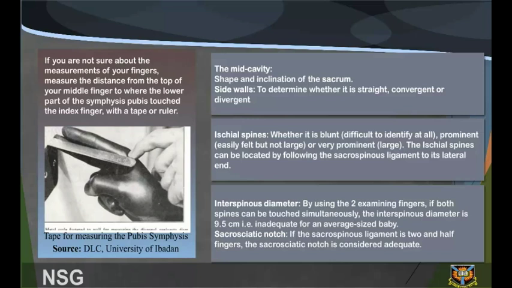Interspinous diameter. By using the two examining fingers, if both spines can be touched simultaneously, the interspinous diameter is 9.5 cm, that is, inadequate for an average-sized baby. Sacrosciatic notch. If the sacrospinous ligament is 2.5 fingers, the sacrosciatic notch is considered adequate.